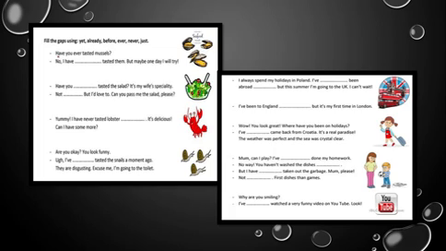Number 1, have you ever tasted mussels? You have here the mussels. No, I haven't. And the question is, have you ever tasted mussels? Si tú has comido los mussels, que son ostiones, es para preguntarte si lo has hecho.